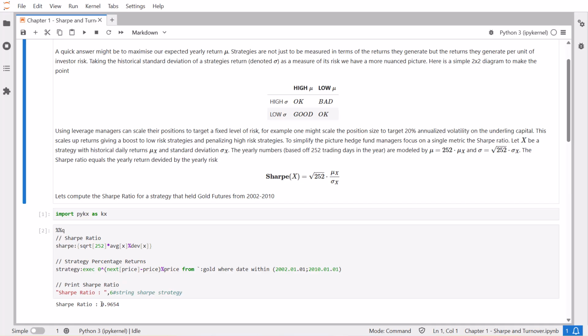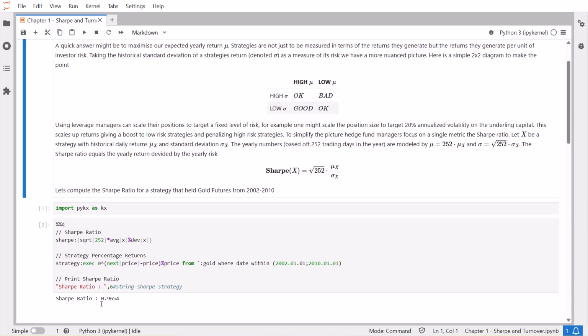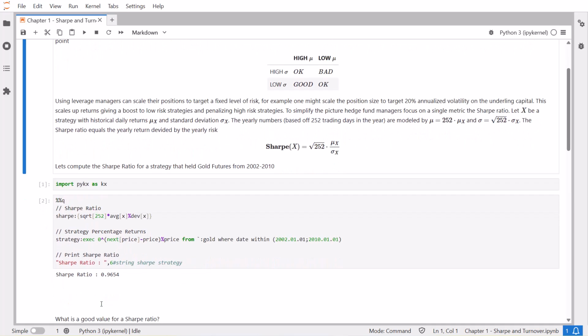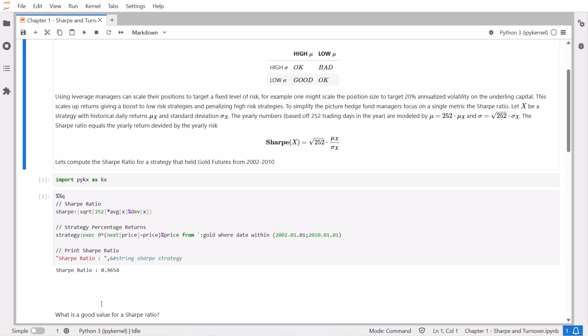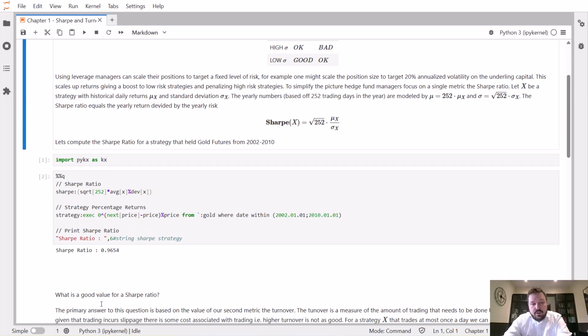In some sense, you may say that that's not the highest Sharpe ratio in the world, but it's actually really good. And I'm going to explain why that's a good Sharpe ratio in the next slide. What is a good value for the Sharpe ratio really depends upon another factor, and that factor is the turnover. So the primary answer to the question of what is a good value for the Sharpe ratio is based on the second metric, the turnover.